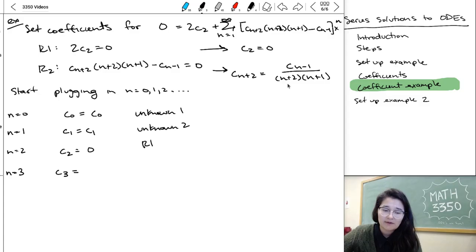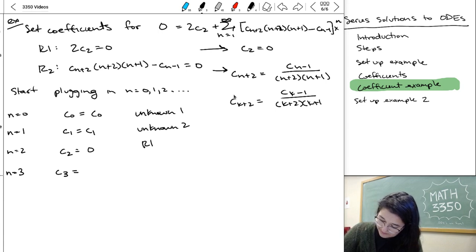And what I'd like to do is actually write it out in terms of not n, because it's kind of confusing that C3 is when n is 3, but that doesn't line up with what n would be in this equation. So I'm going to rewrite it as c_{k+2} is equal to c_{k-1} over (k+2) times (k+1). Then using that notation, if I want to reach 3 in here, that's going to be when k equals 1.